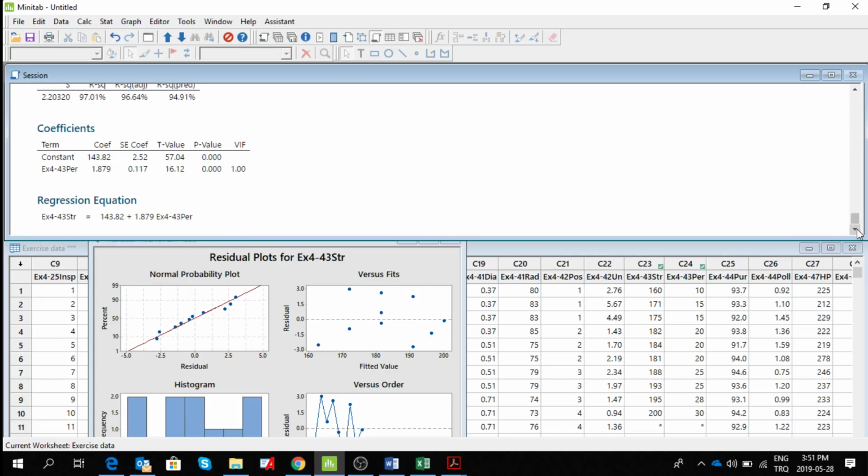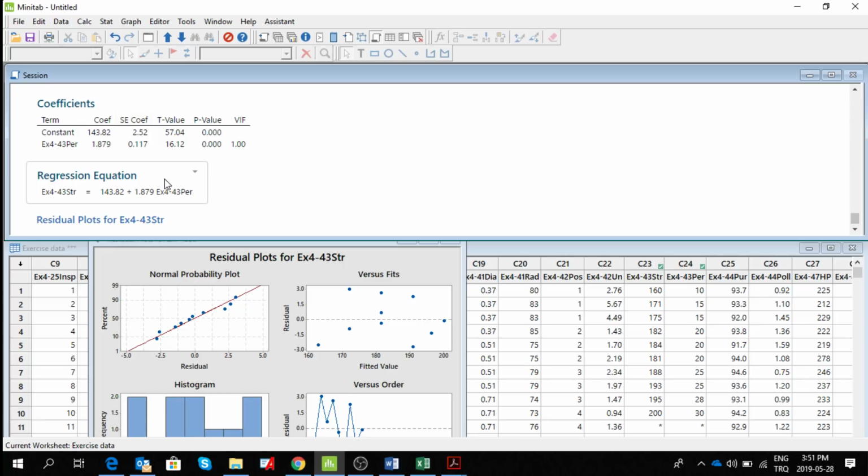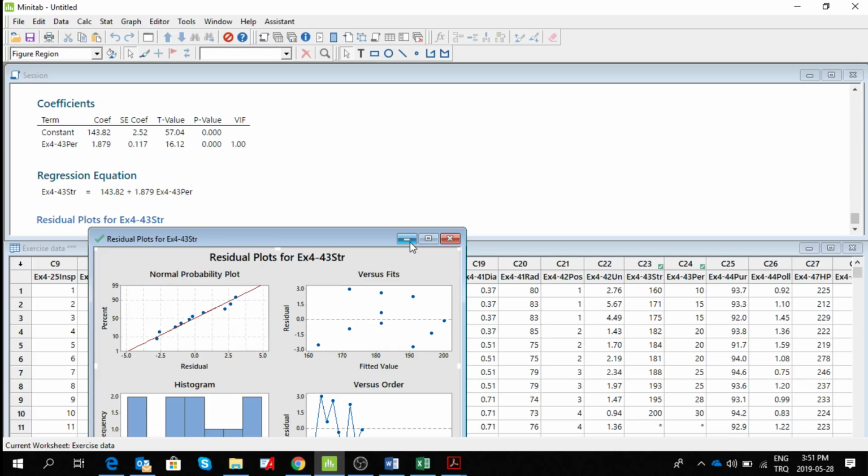This is the regression equation that we are interested in. The regression model is going to be this: 143.82 plus 1.879 percentages. Y is equal to beta 0 head plus beta 1 head x value. So these are the residuals. We will use this later on.